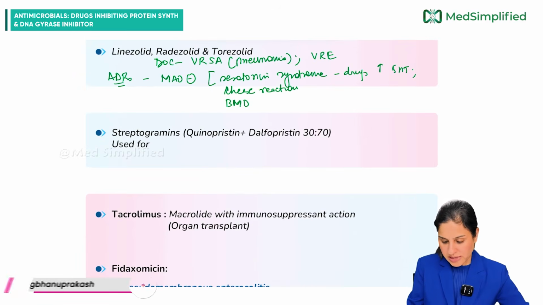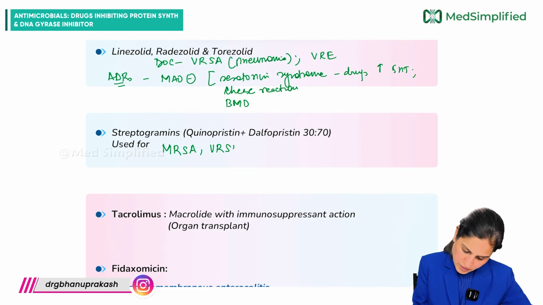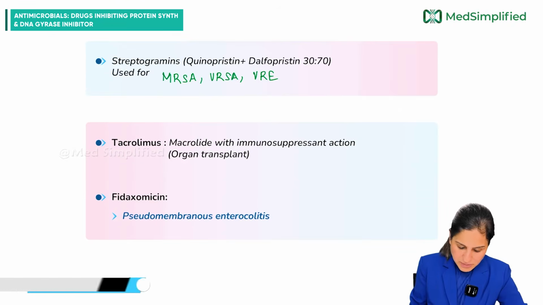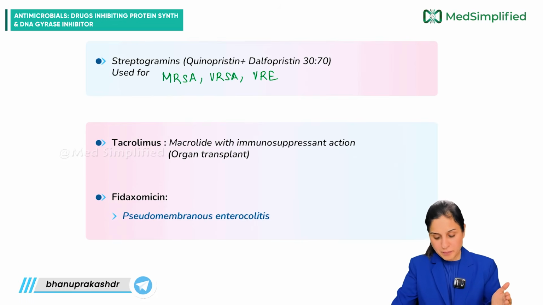Streptogramins, quinupristin and dalfopristin, in a 30:70 ratio. So it is also used for MRSA, VRSA, and VRE. Then we have tacrolimus. Now, tacrolimus is not used as an antimicrobial. It is a macrolide, but it has a very good immunosuppressant action.